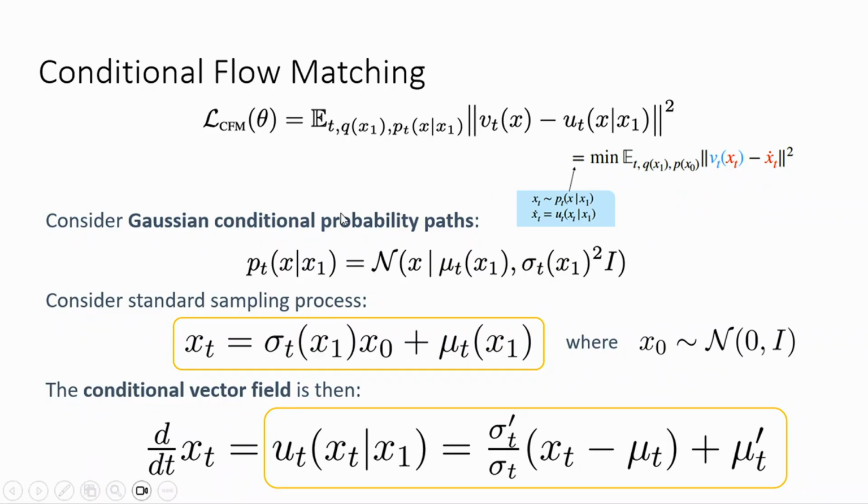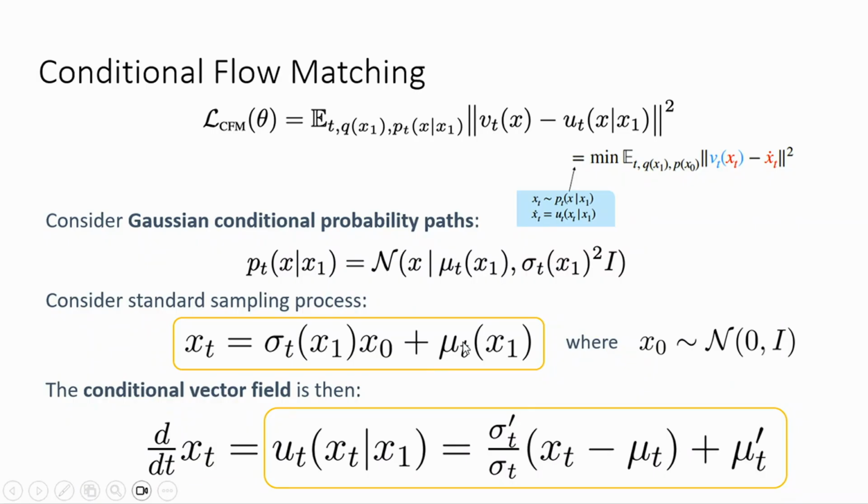One way people find super easy to track is Gaussian paths. At every time step t, we define a Gaussian probability that depends on just the timestamp and the beginning and the ending of the trajectory, and we define the mean and the variance of that probability path with certain linear functions.